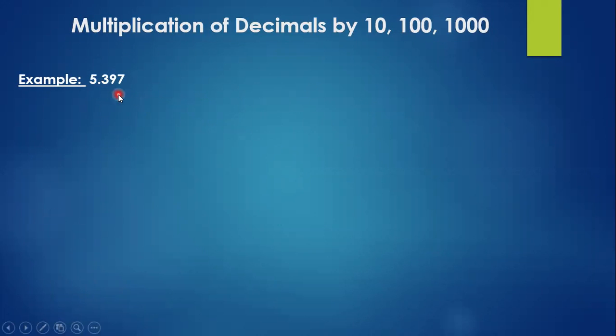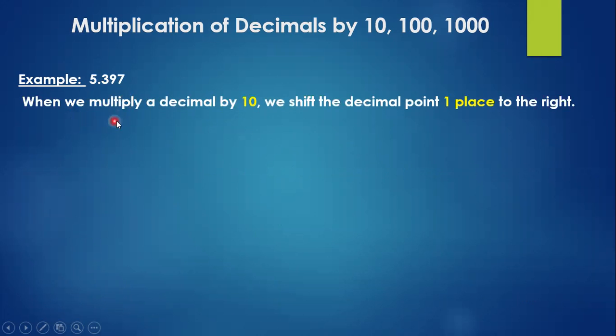Take an example, 5.397. When we multiply a decimal by 10, we shift the decimal point one place to the right. Okay? It means when we multiply a decimal by 10, we have to shift the decimal towards the right. How many places do we have to move?